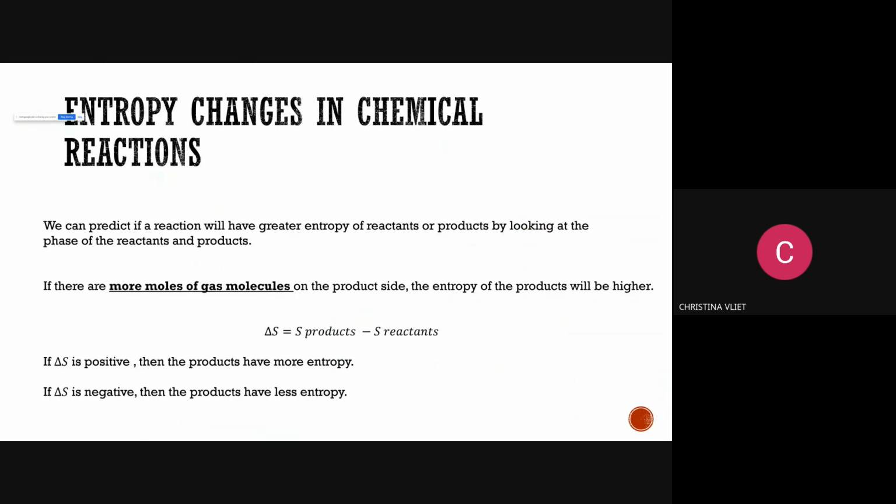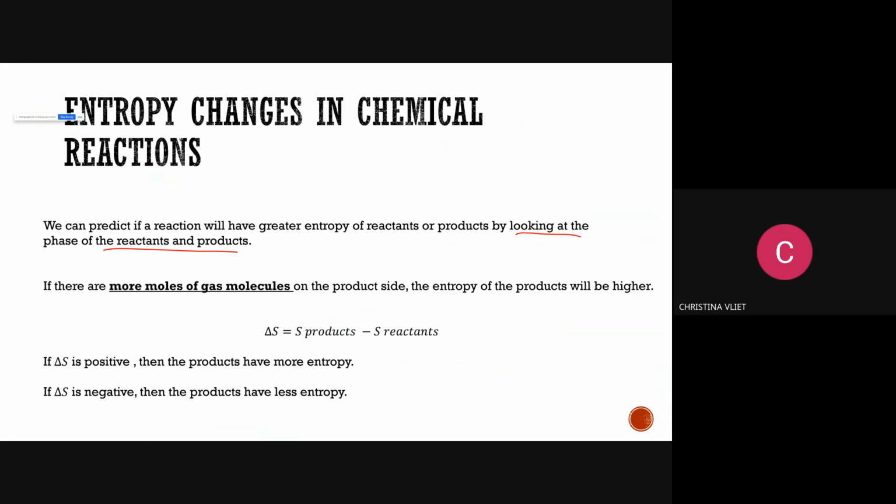So here we go. Entropy changes in chemical reactions. We can predict if a reaction will end up with higher or lower entropy by looking at the phases of our reactants and our products. If we start with something more ordered and end up with something less ordered, that means that entropy increases.